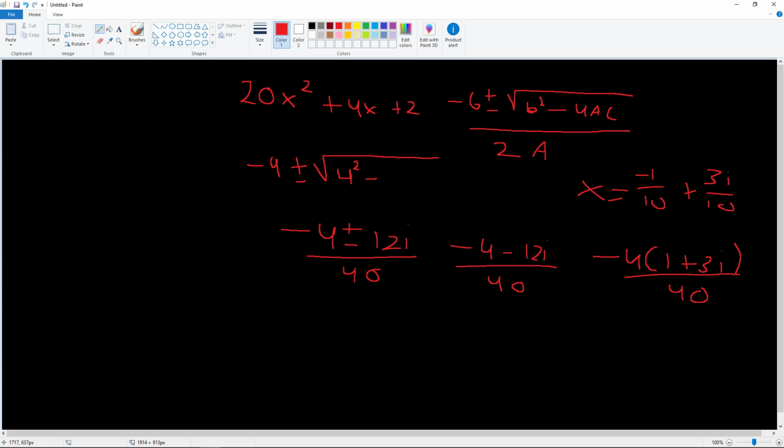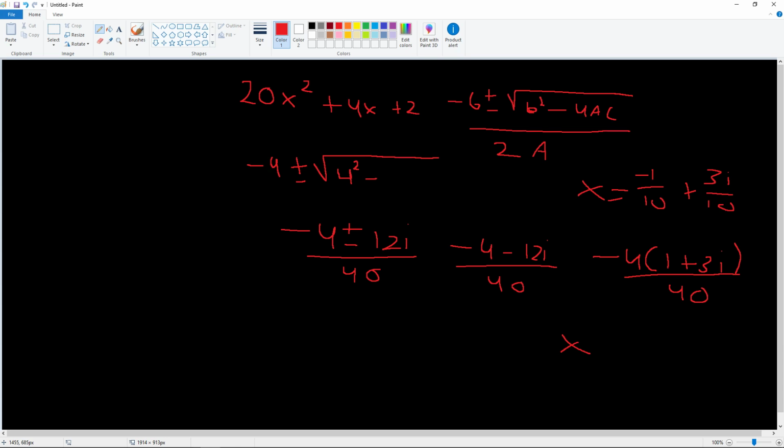Okay, well we still have 4 in common here, so we can get rid of that again. This will be over 10, don't forget the negative, so we will have negative 1 over 10 plus 3i over 10, and I've just written that in complex standard form, so we're done here.